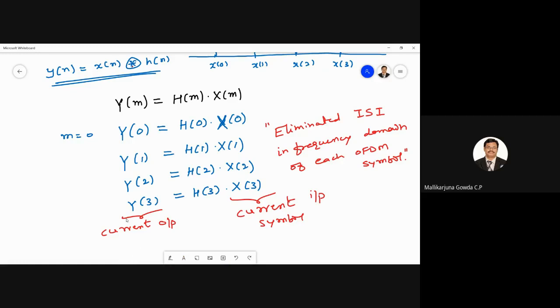So is this fine? I repeat once again, by employing cyclic prefix, the intersymbol interference has been removed in the frequency domain. I will write that point also: by employing cyclic prefix.